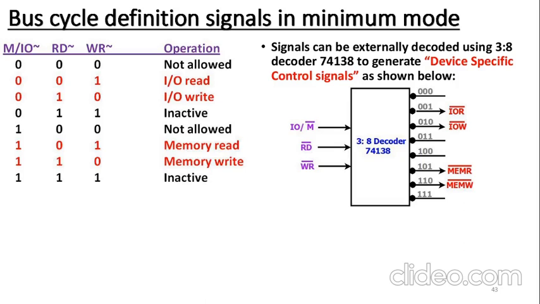And the remaining 4 output lines of that 3 to 8 decoder, those are not used at all. It means that device specific control signals are IO read bar, IO write bar, memory read bar and memory write bar. Okay, and these device specific control signals are extremely important in the interfacing of memory devices and the IO devices here.